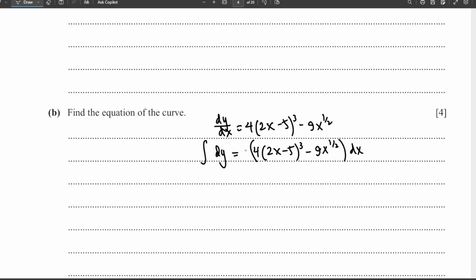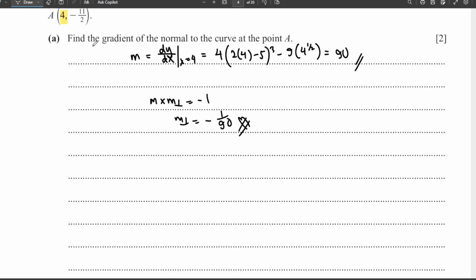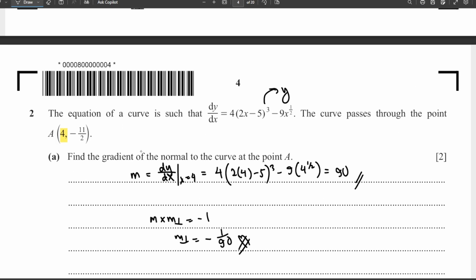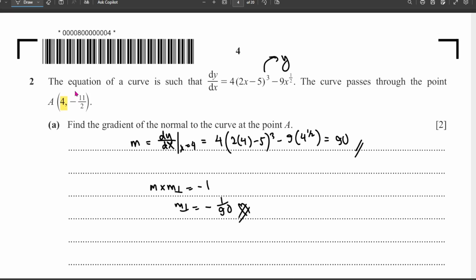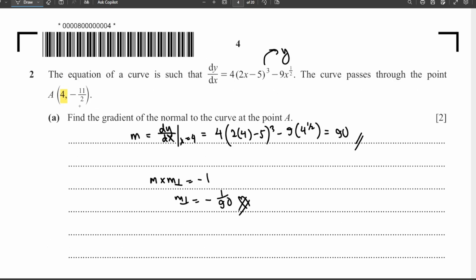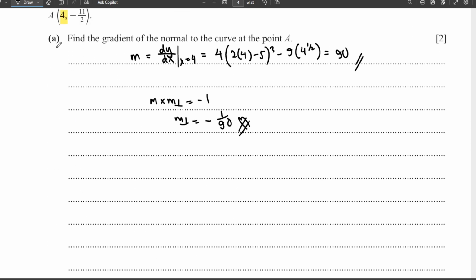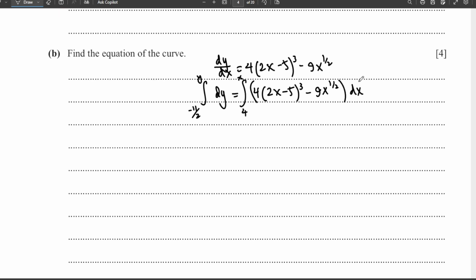You can integrate this as an indefinite integral, where you substitute the point A later on, but I'll integrate it directly from the point A. So we'll integrate from -11/2 to y, and also integrate the x variable from 4 to x. This way we don't have to do the extra step of substituting the values to find the constant later on.